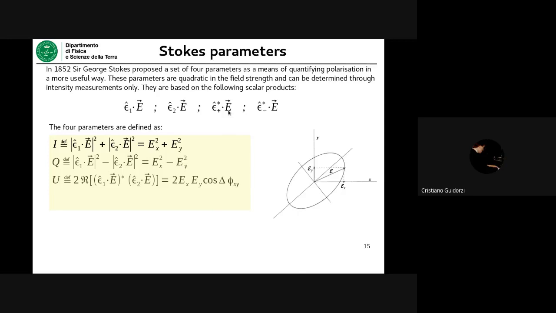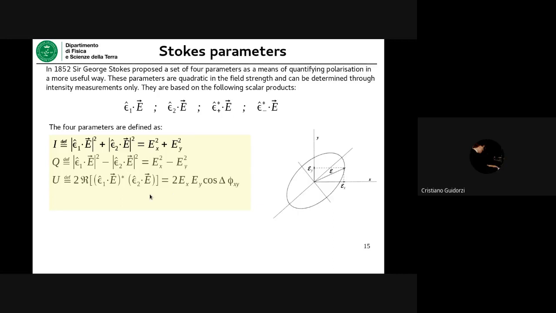Just take E as a function of Ex and Ey, and you immediately see in this case that you come up with the mixed product and the cosine of the relative phase. Phi xy, as we will define in a moment, is just the relative phase, meaning phi y minus phi x.